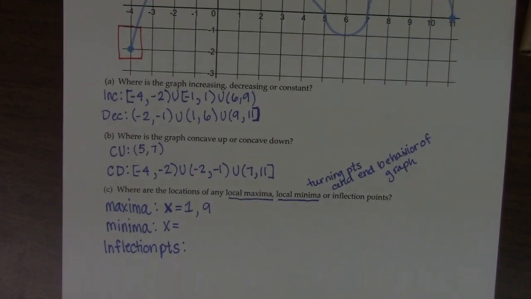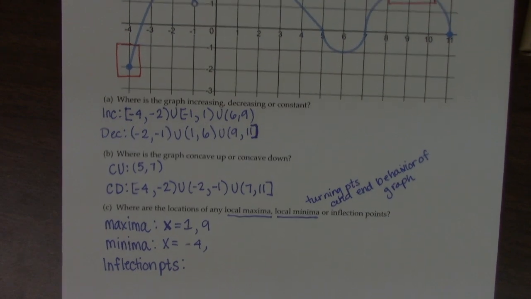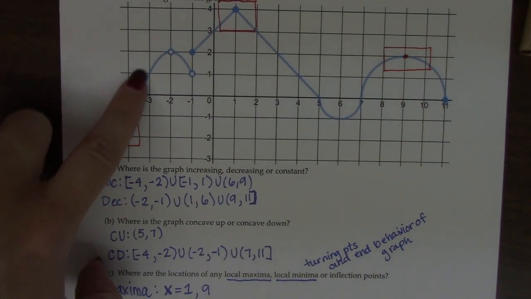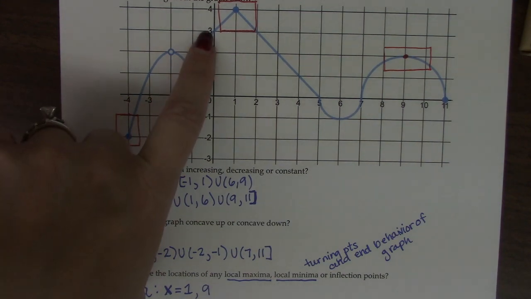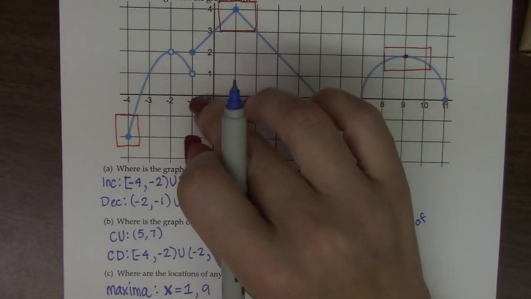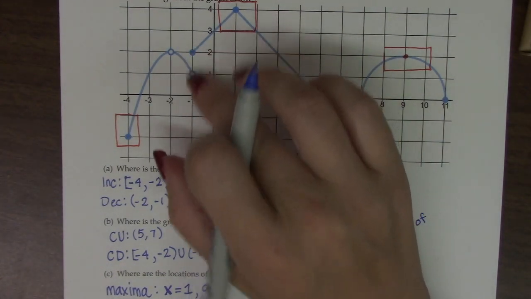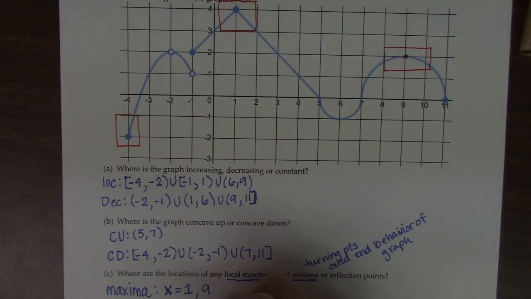So this is at x equals -4. Once again, the graph comes around. We have another endpoint, but the graph doesn't exist there, so I would not include it. However, at this location here, this is the lowest y value on the graph because y doesn't exist down here. So I would call x equals -1 a minima.